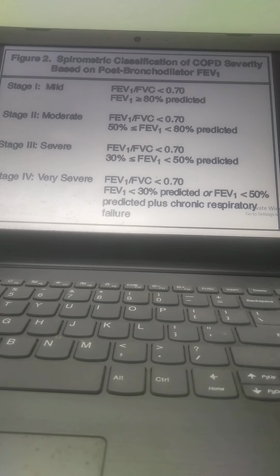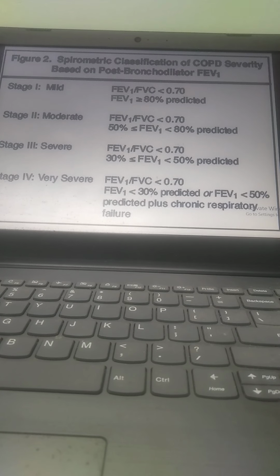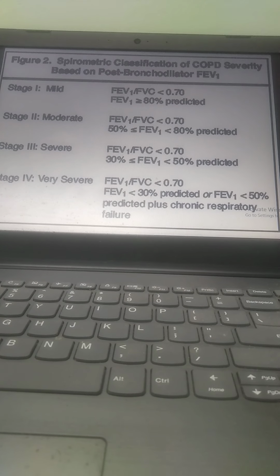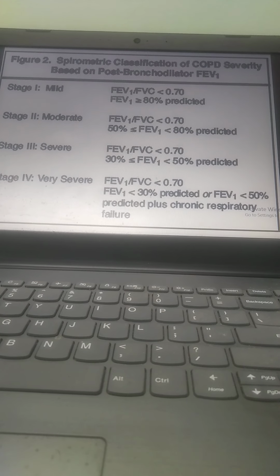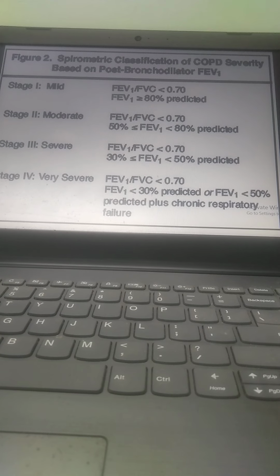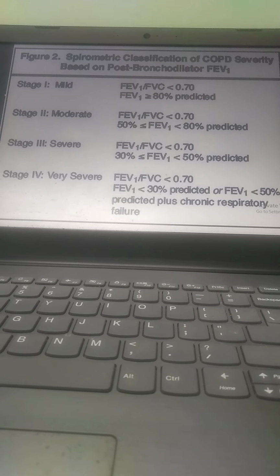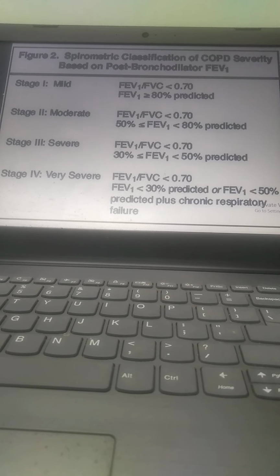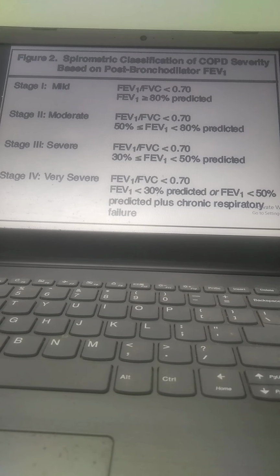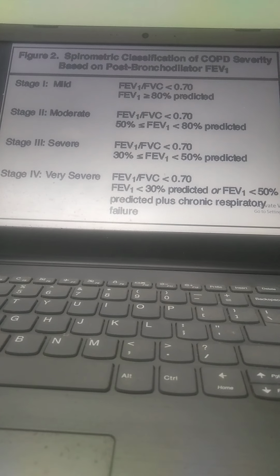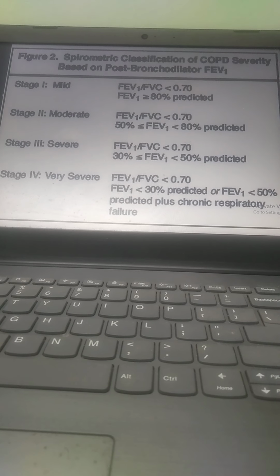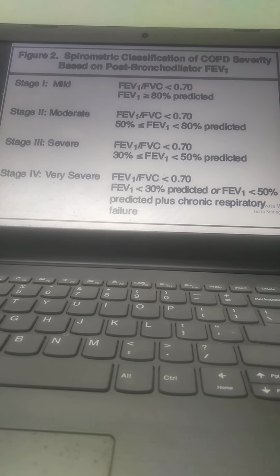Then stage 3 is severe and stage 4 is very severe. Severe is FEV1 of 30% to less than 50%, and very severe is less than 30%. So this is also one of the criteria for classifying COPD, classification of COPD based upon post-bronchodilator FEV1. So in both asthma as well as COPD we can see FEV1. FEV1 is the forced expiratory volume in the first second.